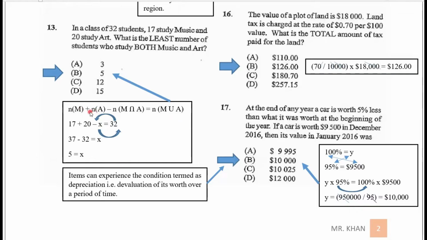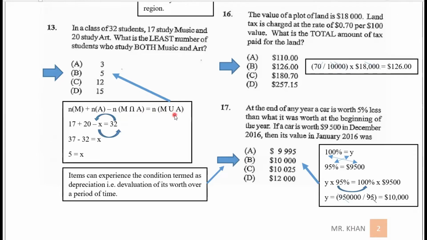But it's the same format where we are immediately saying M represents students who study music, and you all could guess A represents students who study art. So I would say N of M, which means the number of students who study music, plus N of A, number of students who study art, minus N of M intersect A, the number of students who study both music and art, which we actually do not know, is equal to N of M union A. The union would be the entire class, right?